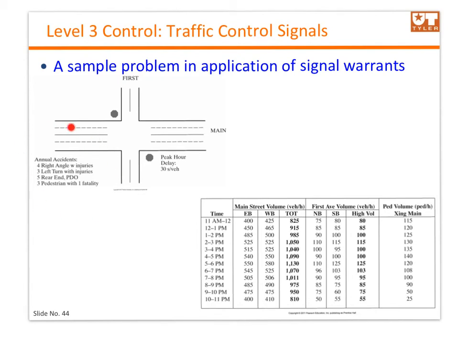So we have annual accidents: 4 right angle with injuries, 3 left turn with injuries, 5 rear end with personal damage occurred, and 3 pedestrian with 1 fatality.